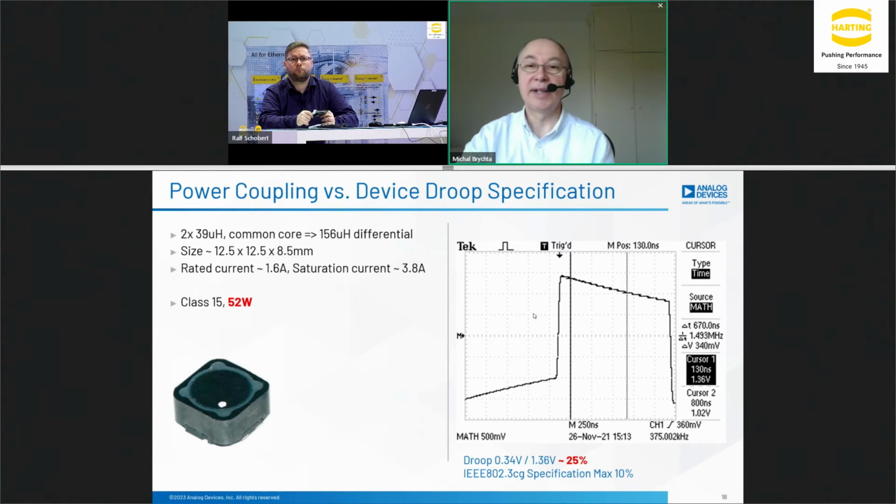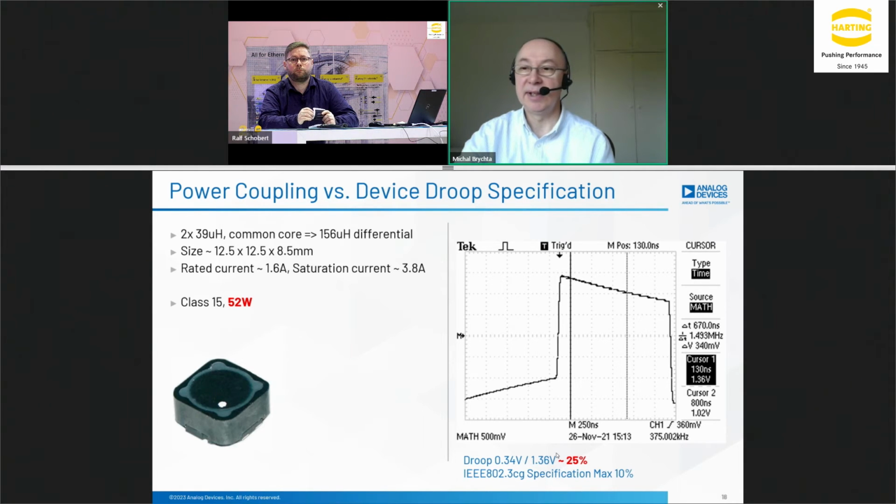But then if we lower the inductance, you can see that we have much more droop, because the inductance is lower, the inductor is charging, building its magnetic field, and eventually it will just conduct everything. So with this inductor, 30 microhenry, again 2 of them on the same common core, we can see 25% droop.